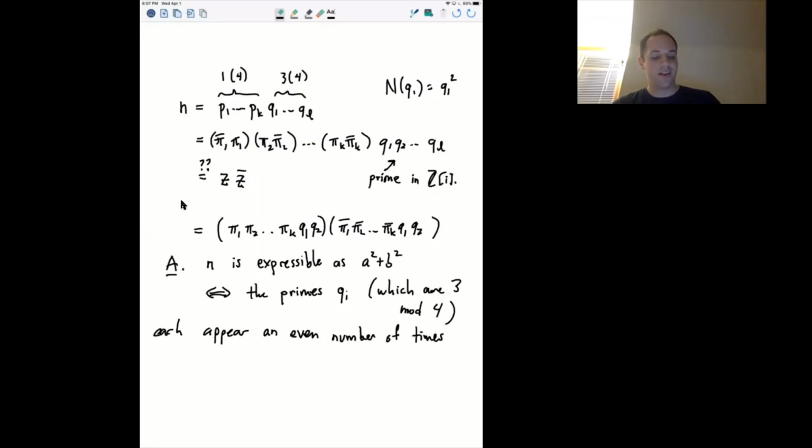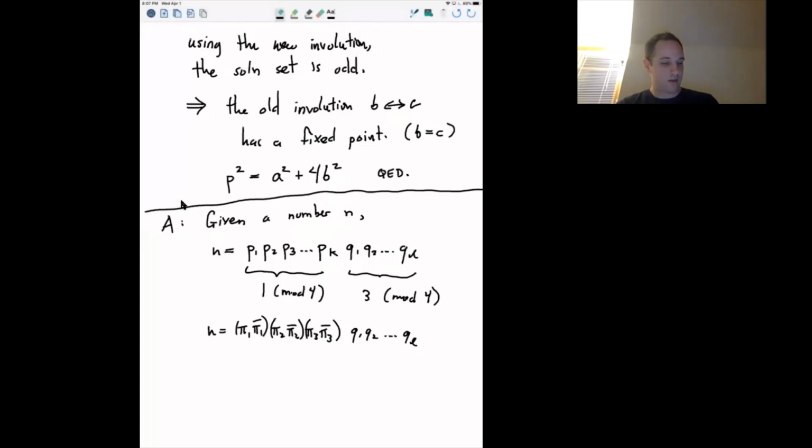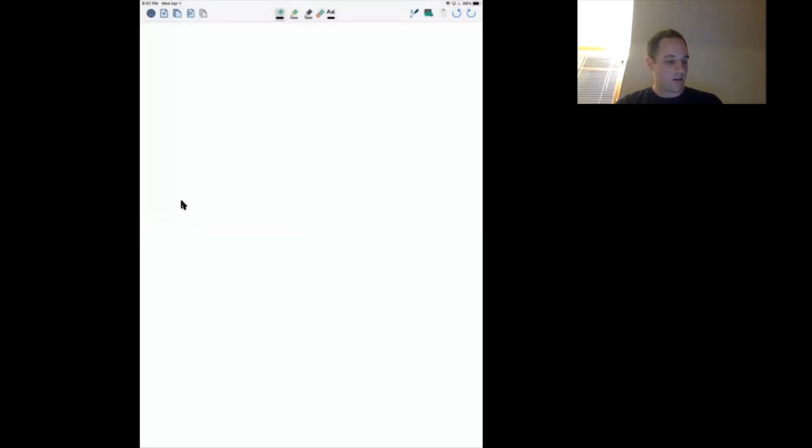So for instance, just as an example, suppose that your number was 18, right? If you take its prime factorization, you get 2 times 3 times 3. 2 is one of those good ones. You can write it as 1 plus i times 1 minus i. But 3 is not.